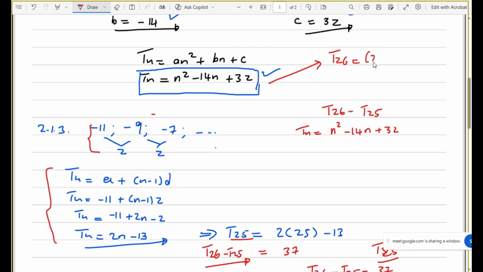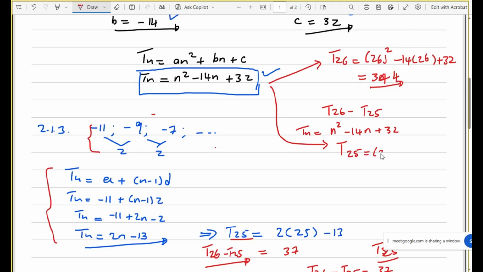This is equal to 26 squared minus 14 into 26 plus 32. The answer that you get, what is that? You said I got 344. Yes. Right.